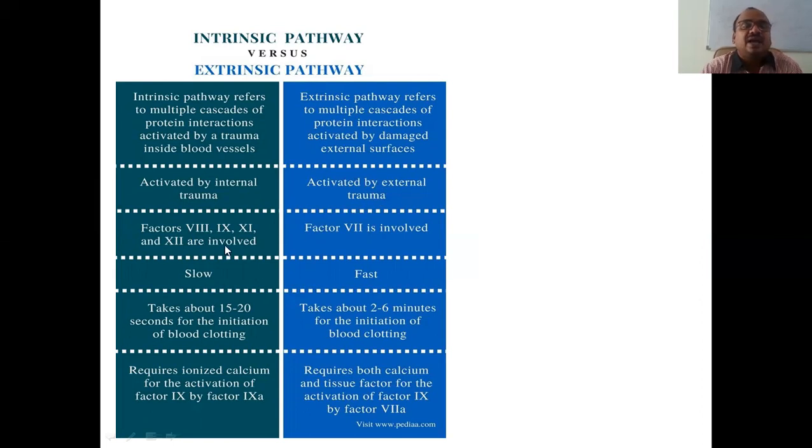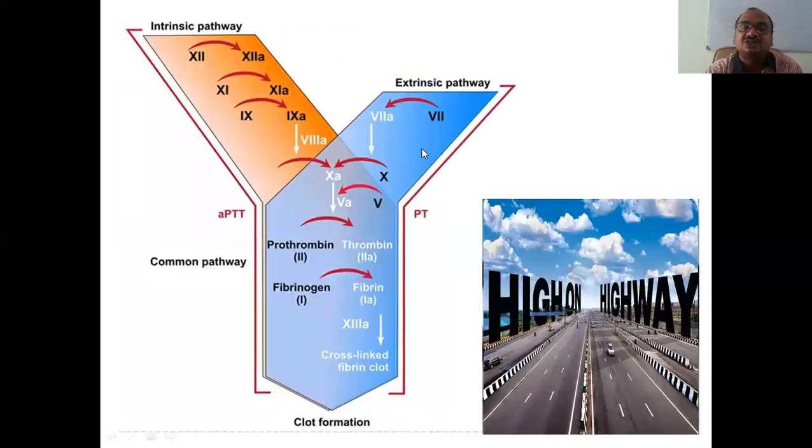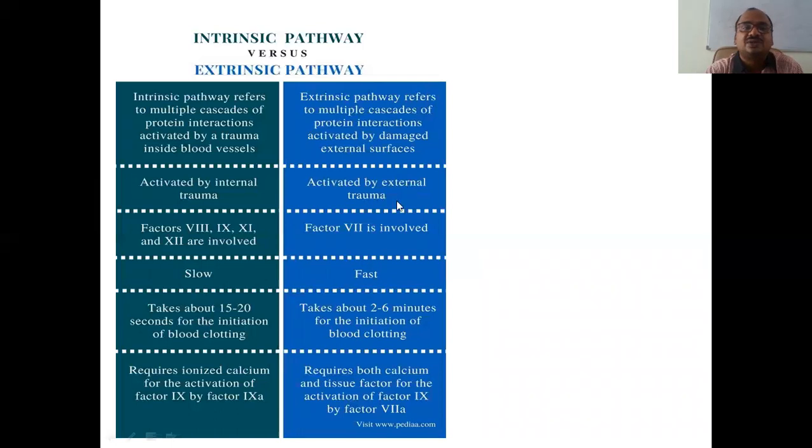These are the factors involved. Many factors are involved in the intrinsic pathway. Here, in the extrinsic pathway, only factor 7 is involved. See, it is fast. As I have already shown, it is the shortest and fastest route. This also appeared in old question papers. It takes only about 2 to 6 minutes for the initiation of blood clotting.